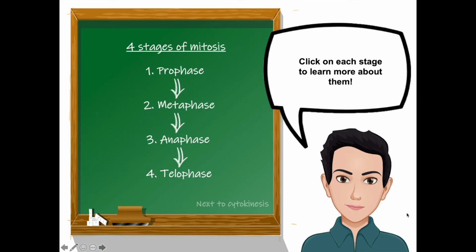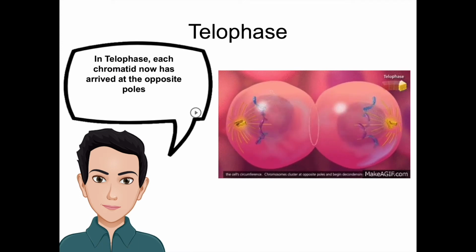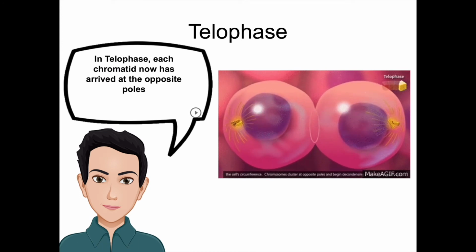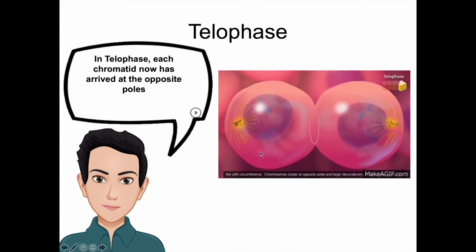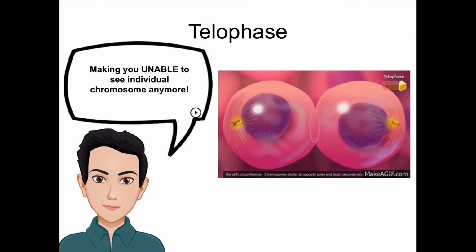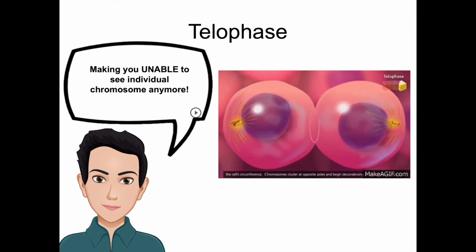The last stage of mitosis is the telophase. In telophase, each chromatid has now arrived at the opposite poles, as you can see in the diagram. As the chromatids arrive, they begin to decondense, so you are unable to see individual chromosomes anymore.